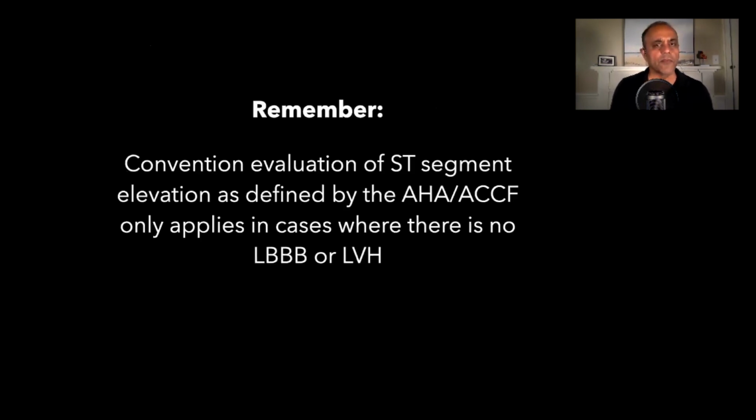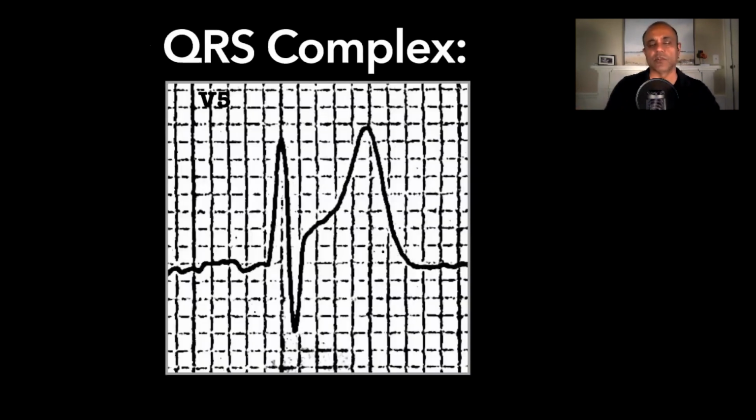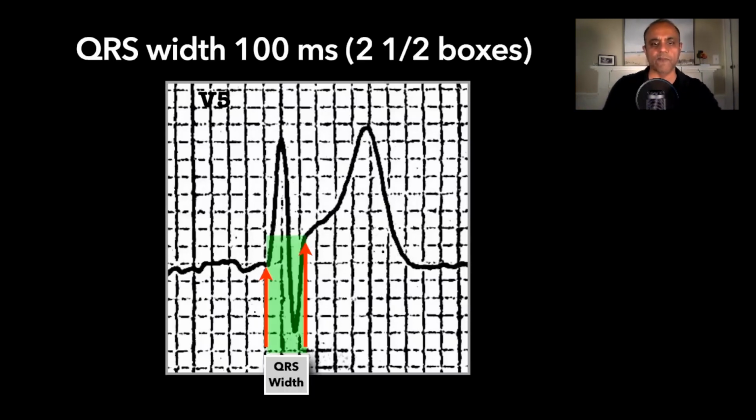So remember that the AHA and ACCF diagnose and define ST elevations only in the setting of an ECG that does not show left bundle branch block pattern or LVH. That's an important thing to keep in mind. So let's take a look at the QRS complex. Here it is. This is V-Fib blown up for you.